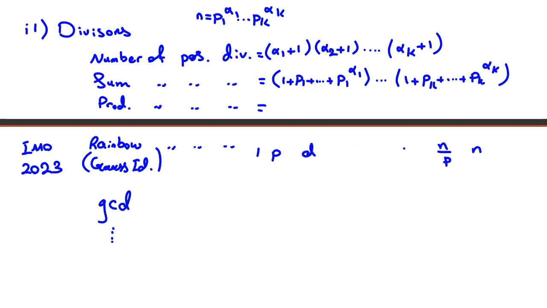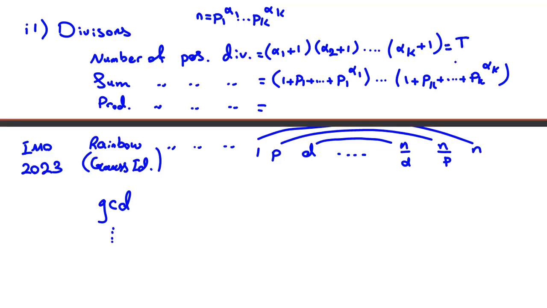When you write d, the next one is n over d. So 1 and n, and this one and this one, the product is n. So when we want to find the product of positive divisors, if we call the number of divisors t, you can use this rainbow idea and prove it is n to the t over 2. If you want to know the proof or explanation, you can send a message now.